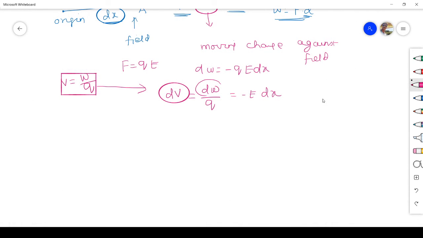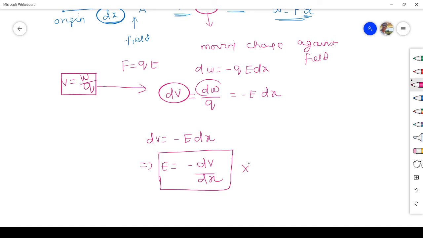So what do we get next? If you simplify that, you will get dV is equal to minus E dx. This implies E is equal to minus dV by dx. This is a very important relation, right?